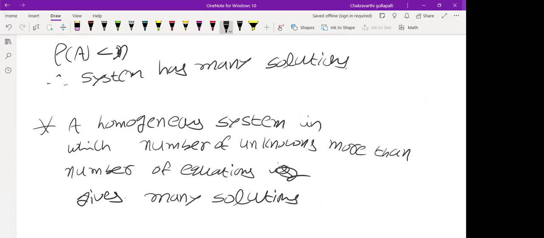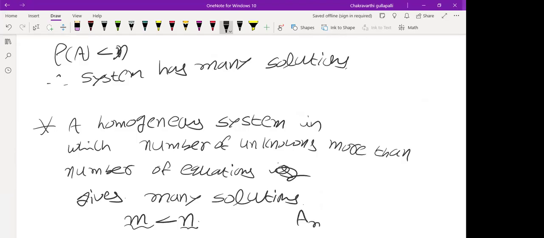So without solving, you can say infinitely many solutions. A homogeneous system will have many solutions if the number of unknowns is more and equations are less. That is, m is less than n. n denotes the number of unknowns, m denotes the number of equations.